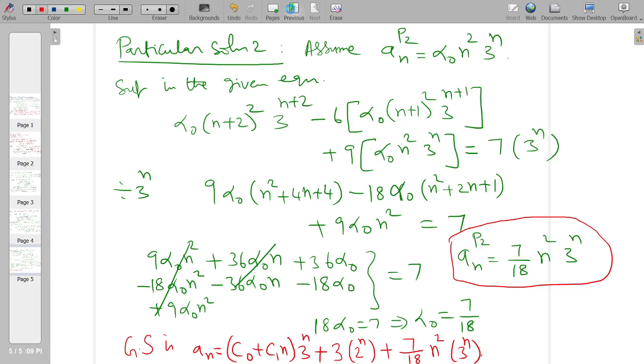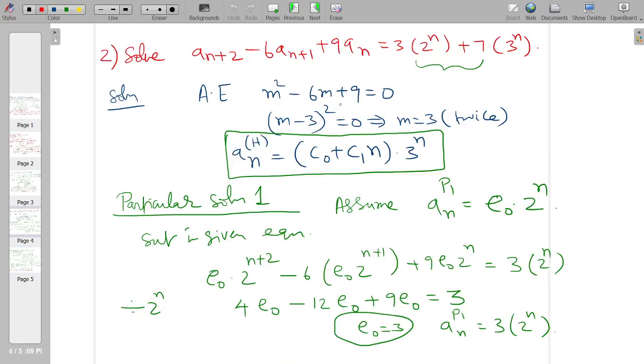So here what you have done is, when the right hand side is of the form a power n, if that a is not a root, then you assume some alpha naught into a power n as the particular solution. If a is a root, check how many times that a is a root, and accordingly you select the particular solution.